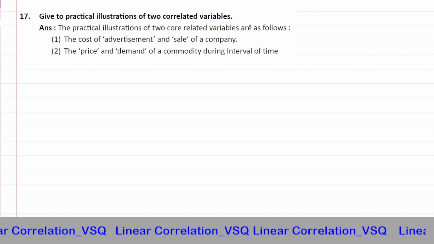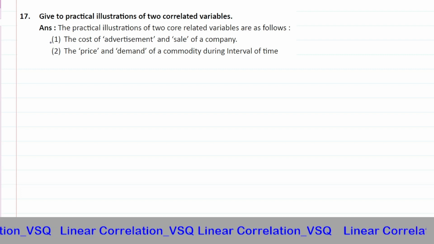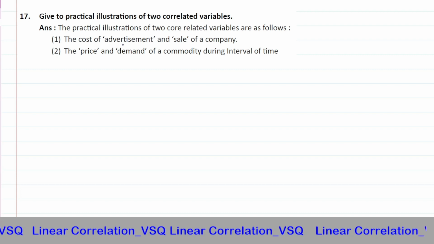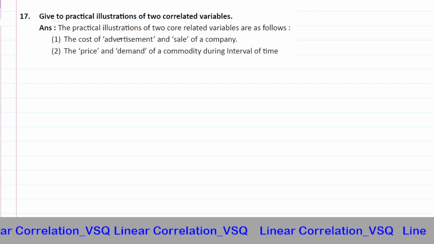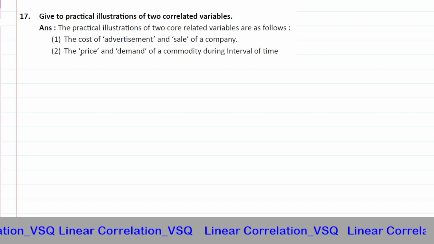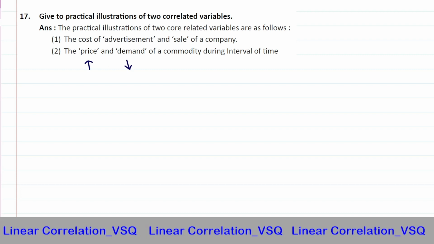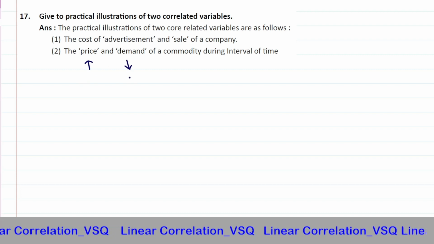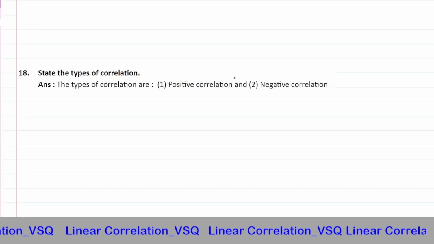There are lots of illustrations, but the two most popular are given here. The cost of advertisement and sale: if we increase the cost of advertisement, the sale also increases. And the second one is price and demand: if price increases, then demand decreases, or if demand increases, then price decreases.